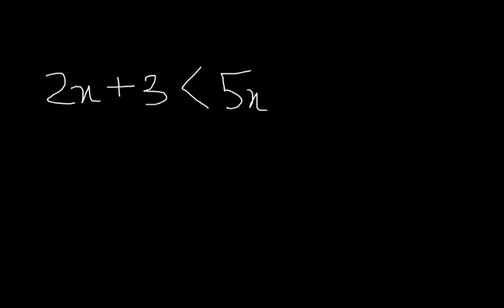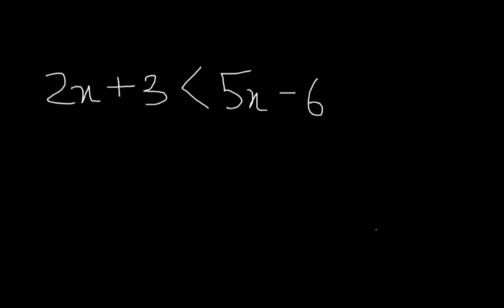Now there is one last type of problem I want to discuss with you that comes in the exams. Let's say 2x plus 3 less than 5x minus 6, a two-sided problem.